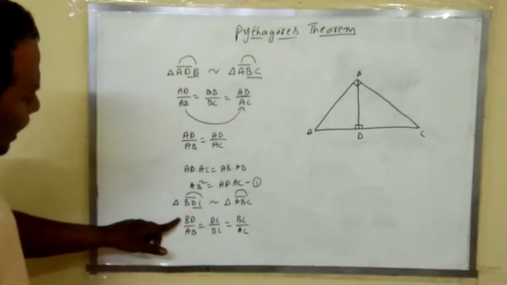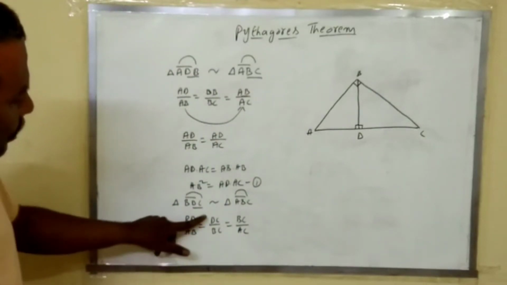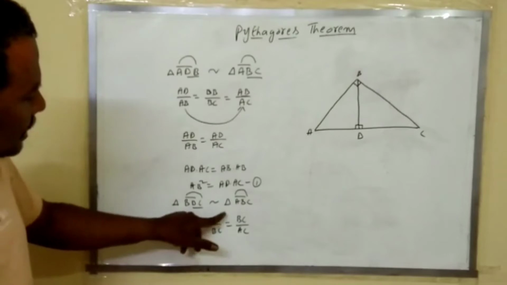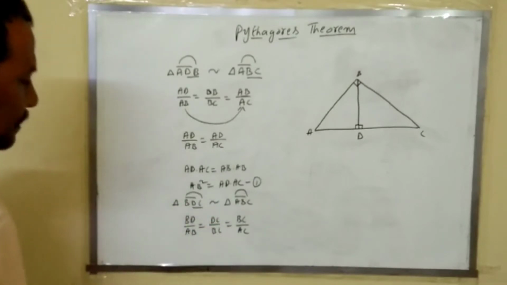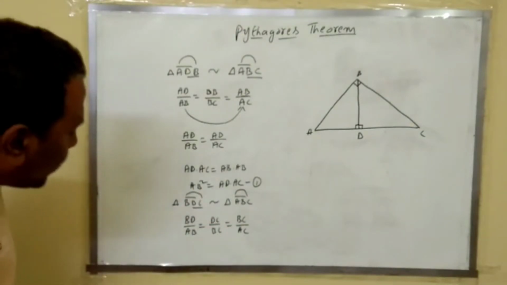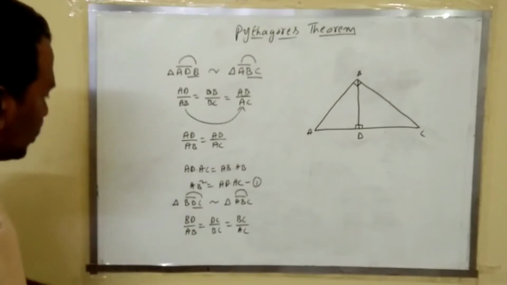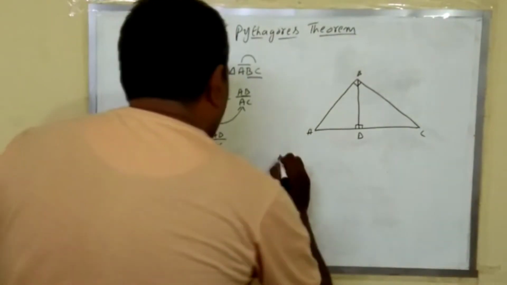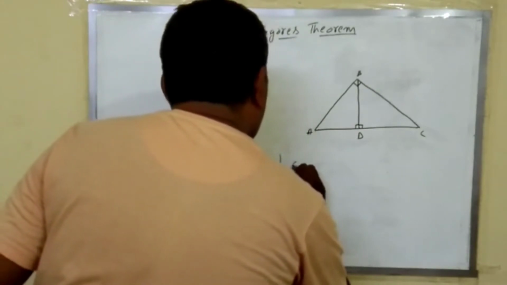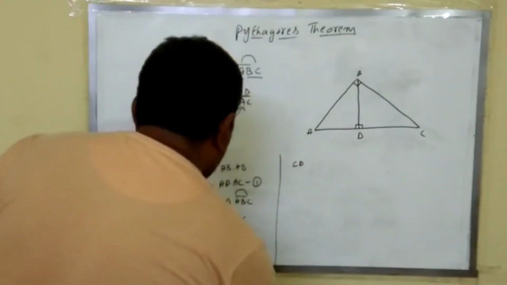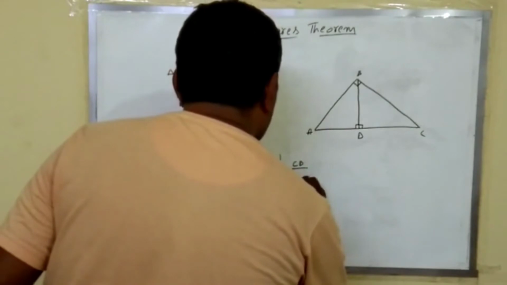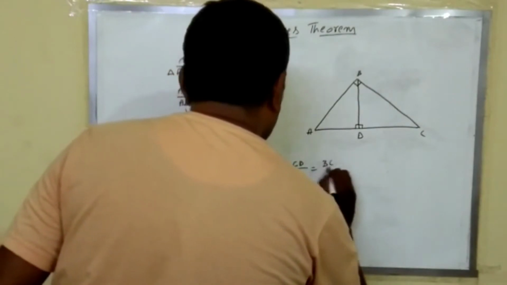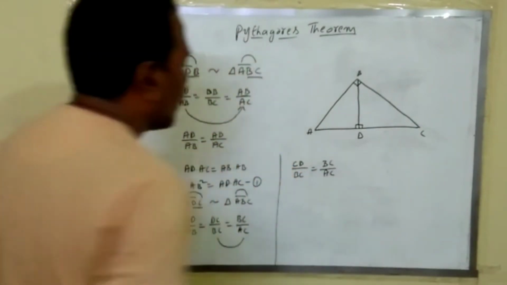Once again, BD by AB is equal to DC by BC is equal to BC by AC. Okay. Now I need to take which two proportionate sides. Here, take these two sides. DC by BC, I am taking these two. CD by BC is equal to BC by AC. Cross multiply.